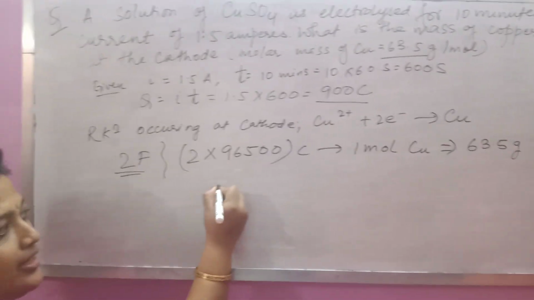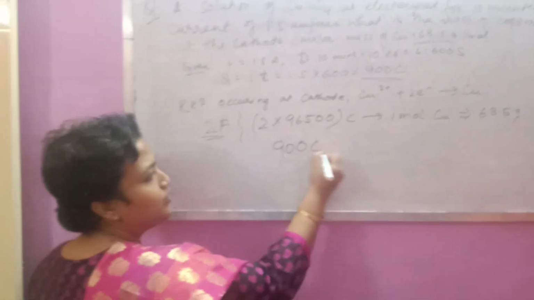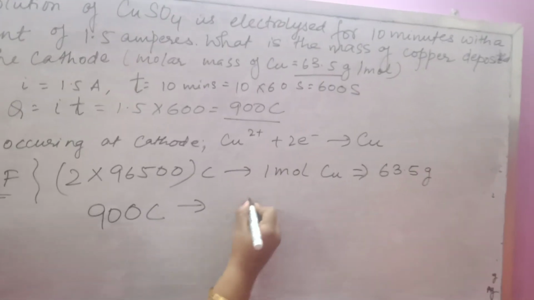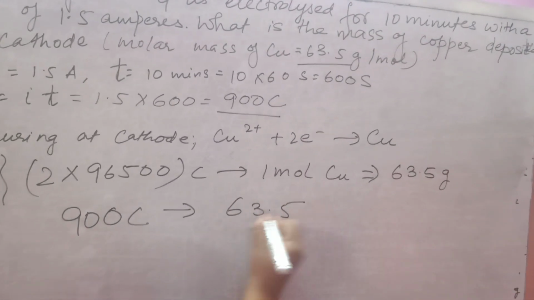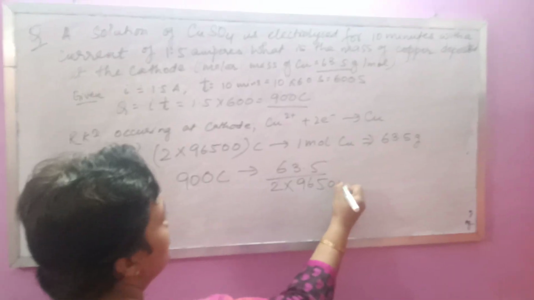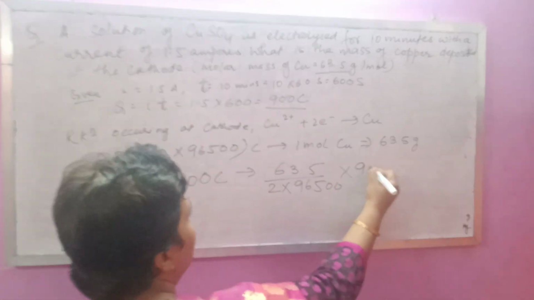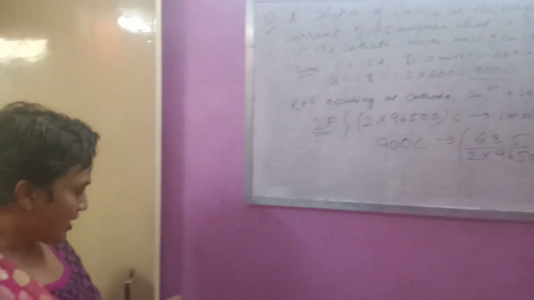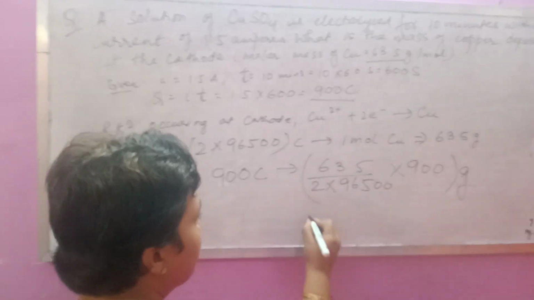But you have to calculate for 900 coulomb. So 900 coulomb will deposit 63.5 by 2 into 96500, into 900 gram of copper. Just calculate it.